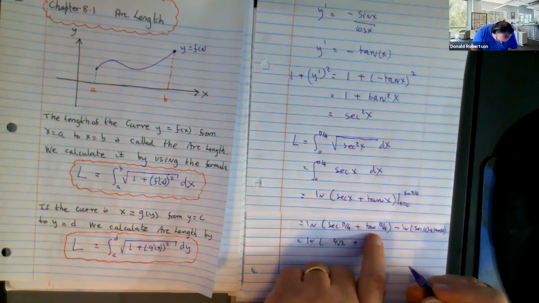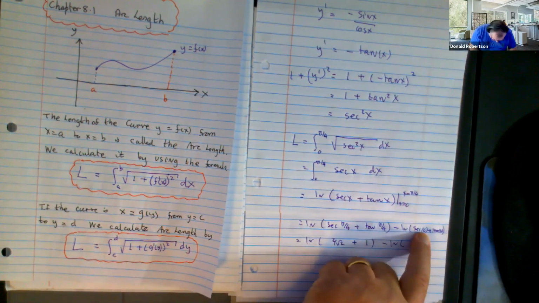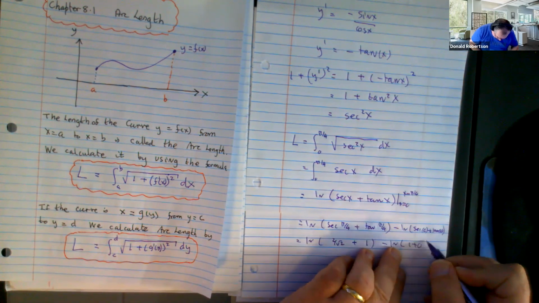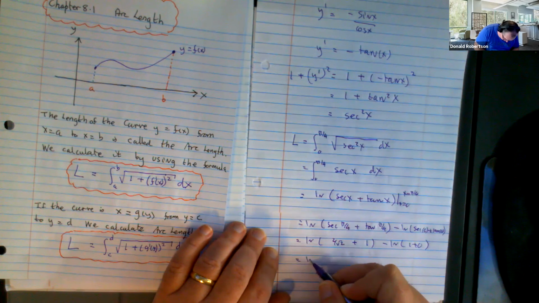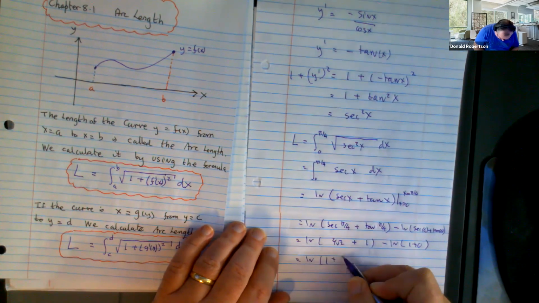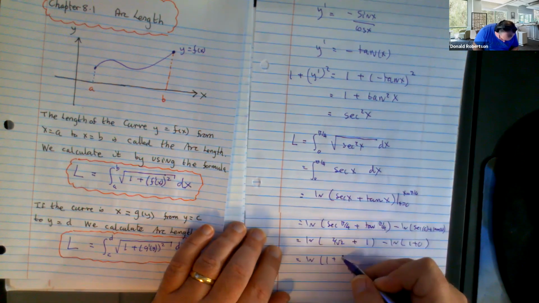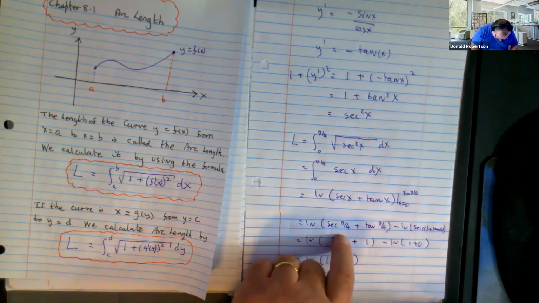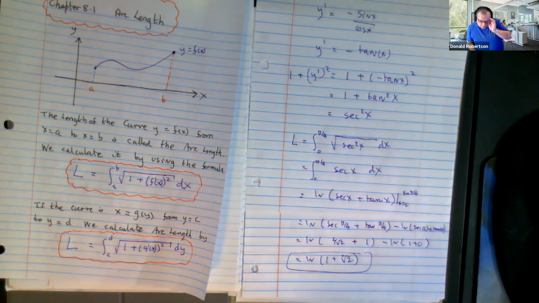This guy is 1. Take away, secant of 0 is 1, tangent of 0 is nothing. And so what am I looking at? I'm looking at the natural log of 1 plus, well, if we make that look pretty, it ends up being root 2, doesn't it? Yeah, it does. And that's nothing. So there's your answer: the natural log of 1 plus the square root of 2.